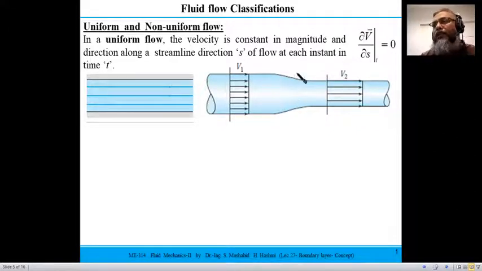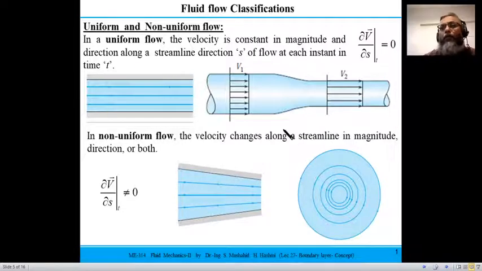But in this diverging region, the velocity would not be the same. Here you see this converging section, I'm sorry, it's a converging section, so velocity is increasing as you move from this point to this point. Then it would be called a non-uniform flow.